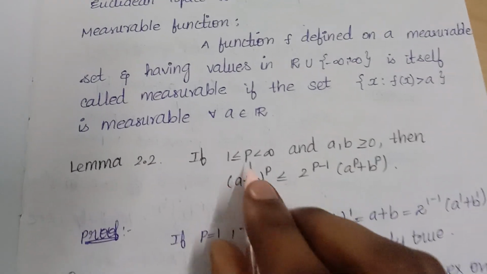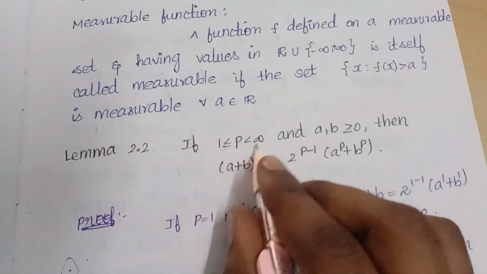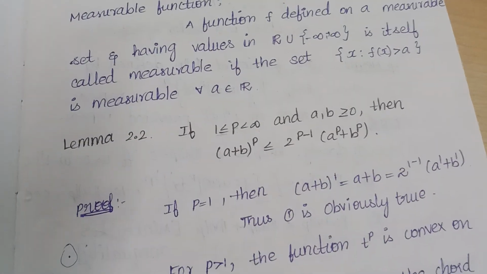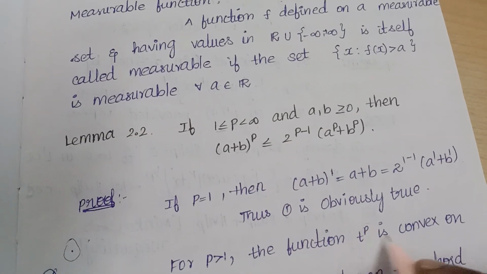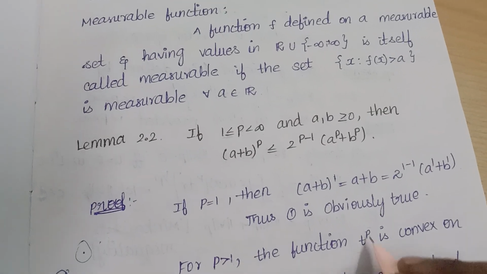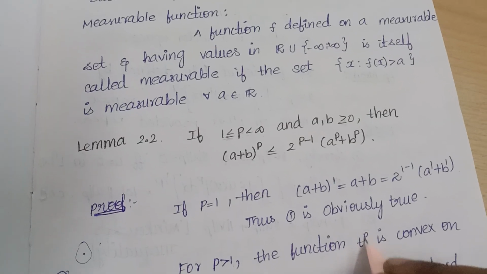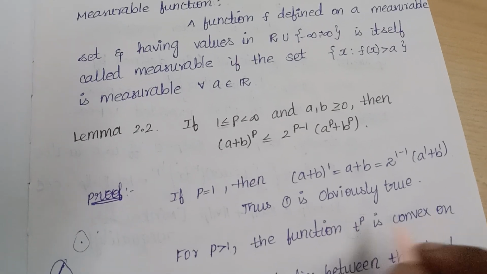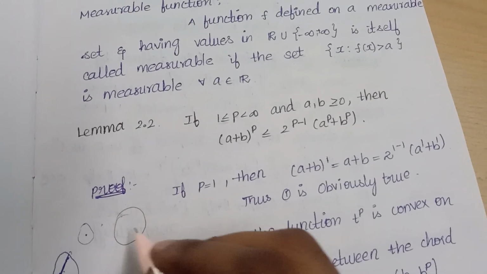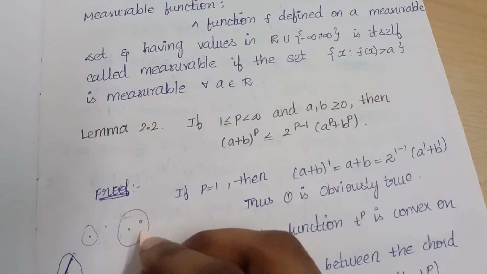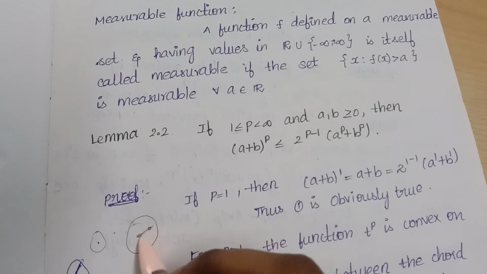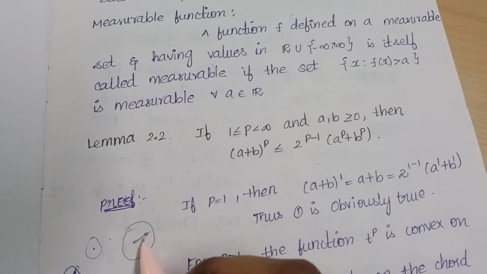So we have to prove whether p greater than 1 obeys these conditions or not. For p greater than 1, the function t^p is convex on 0 to infinity. Convex is nothing but, if we draw a circle and take two points inside it, the line joining them is present in the circle, so it is convex.